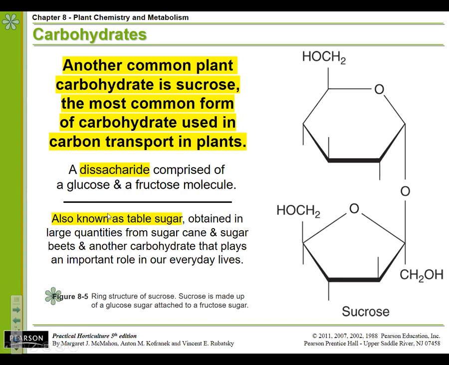Where do we get it? In tropical parts of the world, we obtain it from sugar cane. In temperate parts of the world, we now get it from sugar beets. So table sugar is very important. Sucrose is kind of the most digestible form to humans, a very simple sugar, a simple carbohydrate.